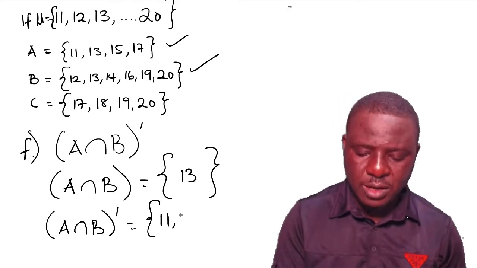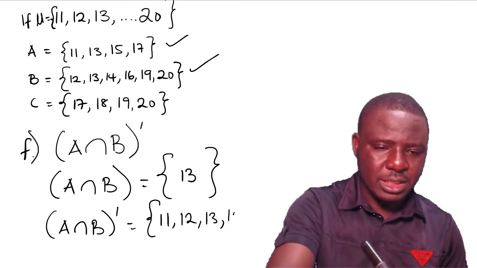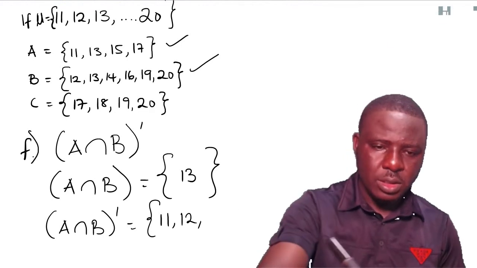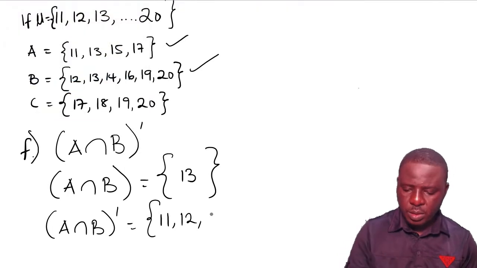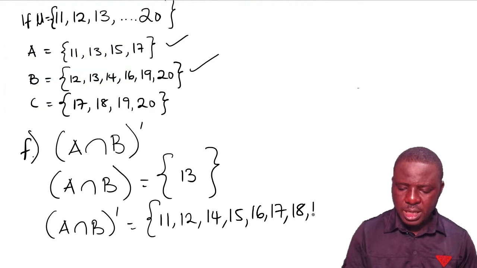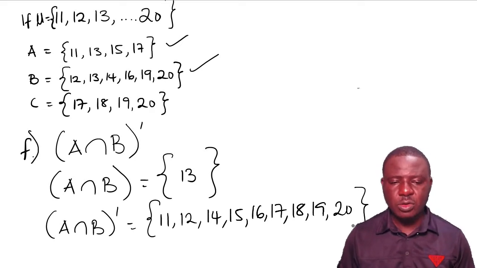So 13 is not part of it. So we have 11, 12, 14, 15, 16, 17, 18, 19, and 20. So these are the elements of (A intersection B) prime.